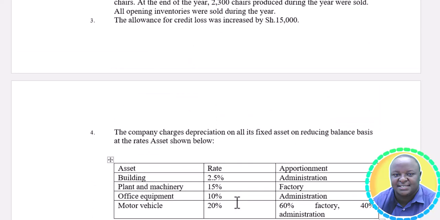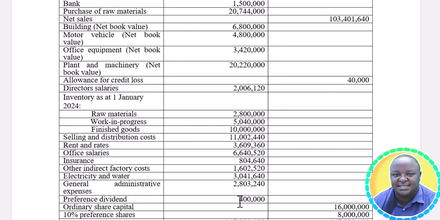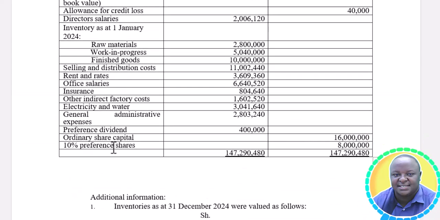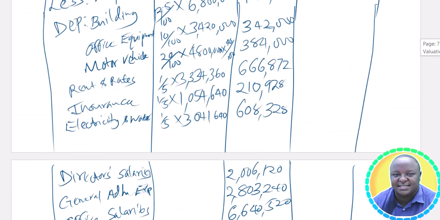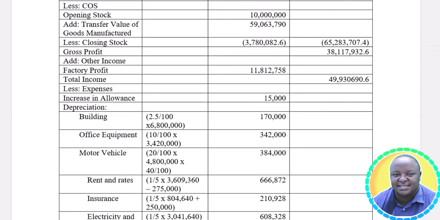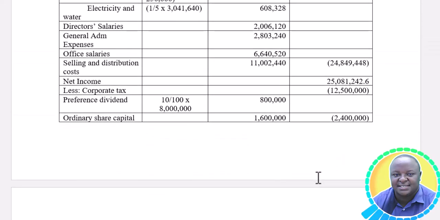So we are going to take the ordinary share capital at 16 million, and 10% of the 8 million on the preferred shares.